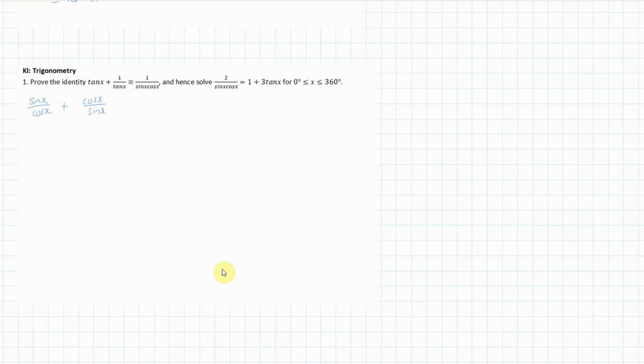So my first step is to cross multiply, so I get sine squared x plus cos squared x all over cos x sine x, and I hope you can see that sine squared x plus cos squared x is 1, so we're going to have 1 over sine x cos x, so proved very easily.